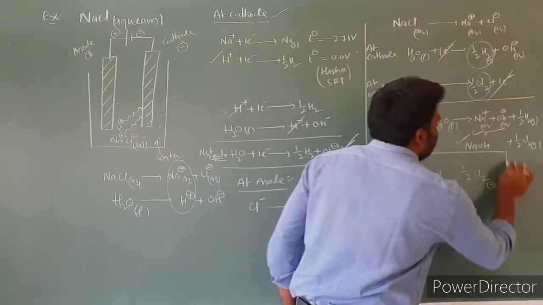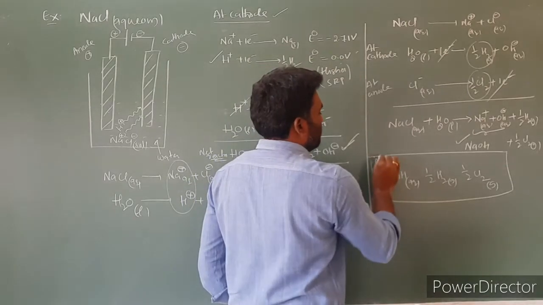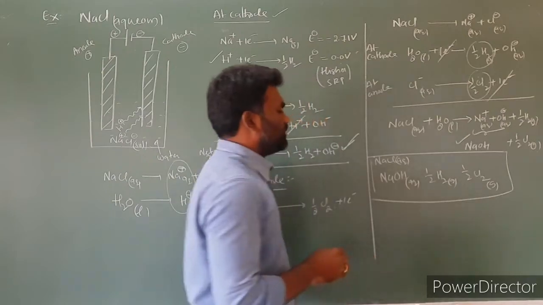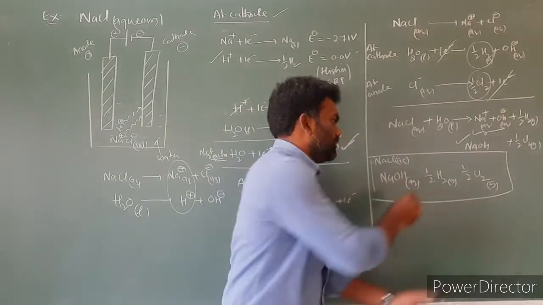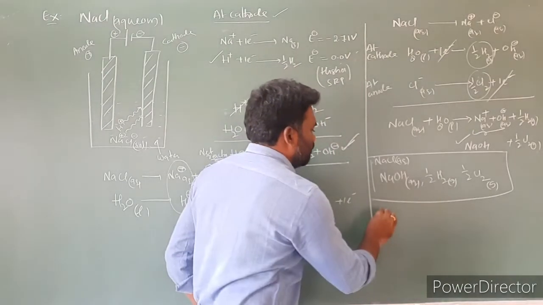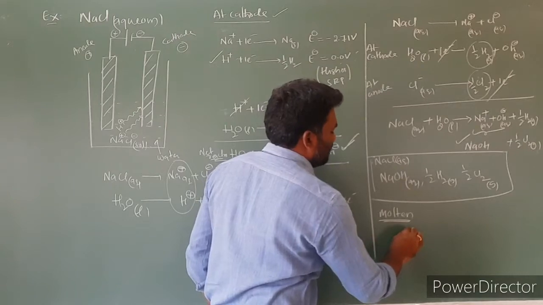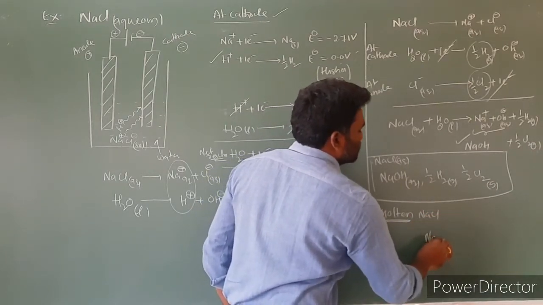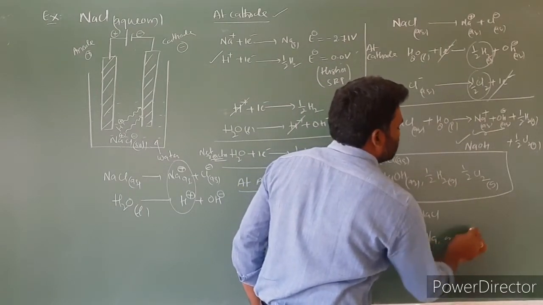If you take the NaCl aqueous, the products are NaOH, half H2 and half Cl2. If you take molten NaCl, which we already discussed, what is the product? One is sodium and another one is half Cl2.